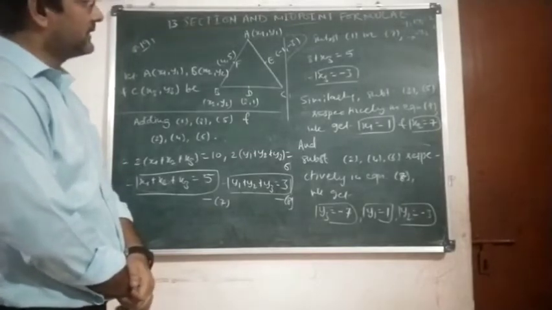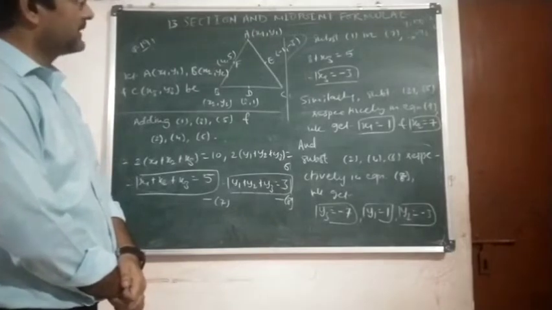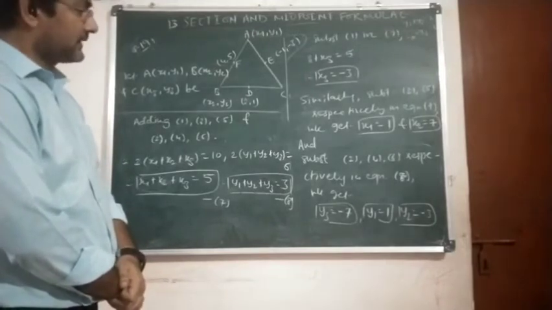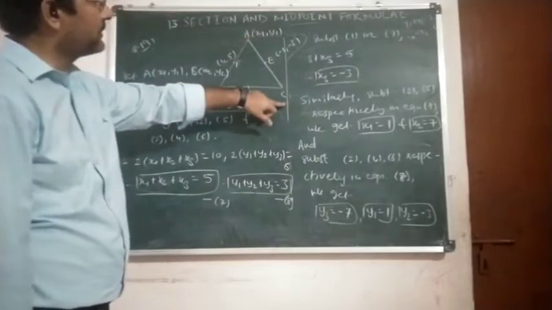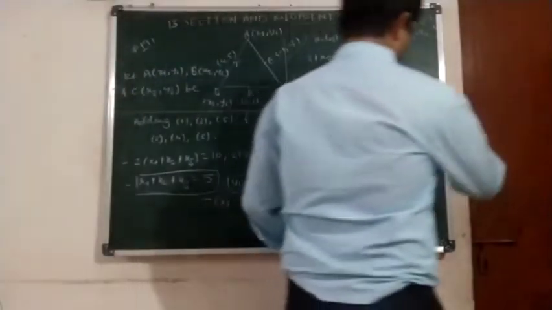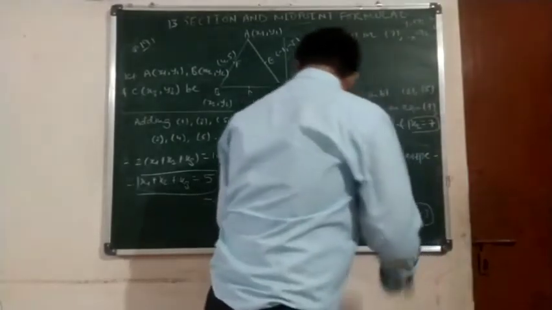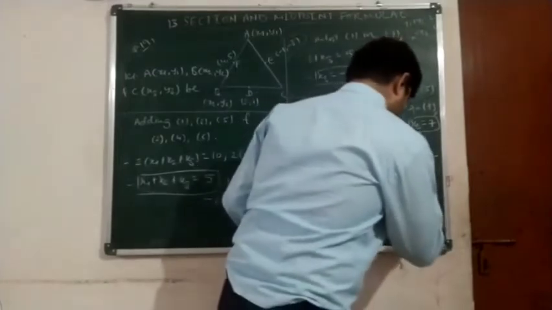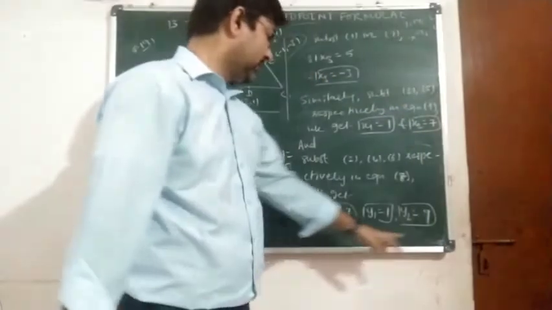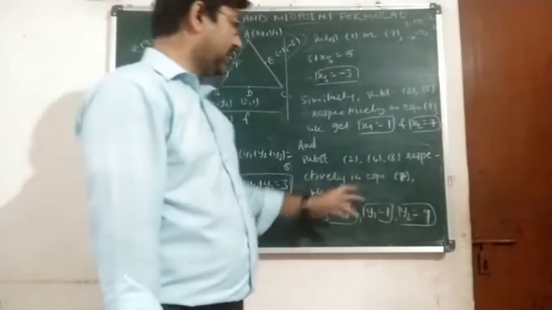And the last one is y1 plus y3. Actually it was, I think, minus 6, because (y1 plus y3) by 2, yes, it was minus 6 here. So substituting minus 6, you will get y2 as 9. Now let us check. 9 plus 1 is 10, 10 minus 7 is 3.